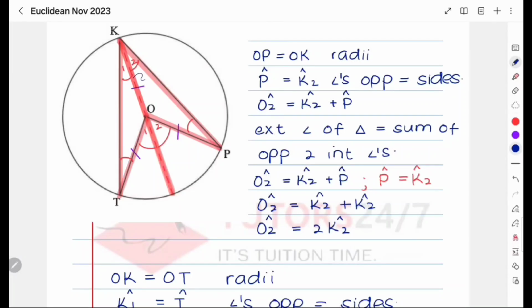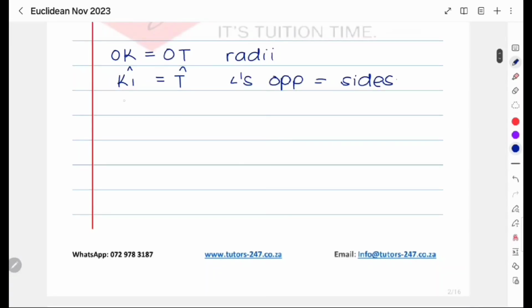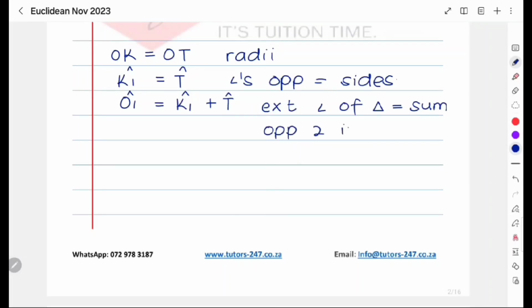So we know that O1 is equal to K1 plus T. And our reason is the exterior angle of a triangle is equal to the sum of the opposite two interior angles.